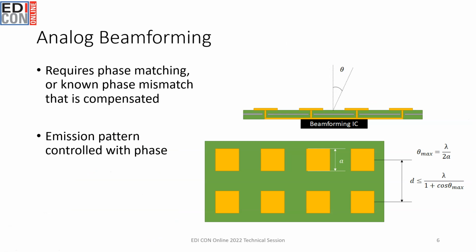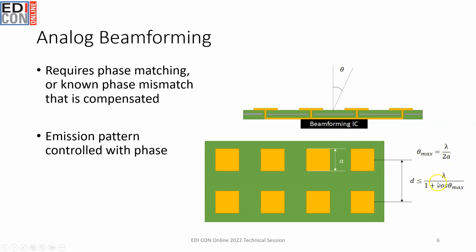So what happens once the signals get to the antenna elements? Well, we then can perform beamforming by setting the phase between different signals that are sent to each of these elements, and this is well known as analog beamforming. The maximum angle has some limitation depending on the wavelength in free space and the size of the element.